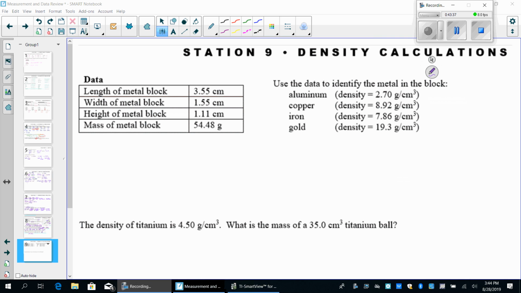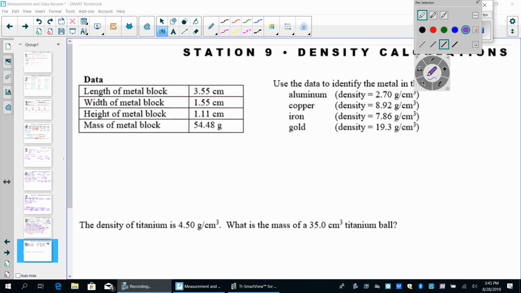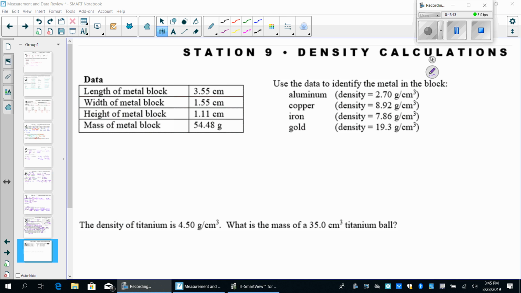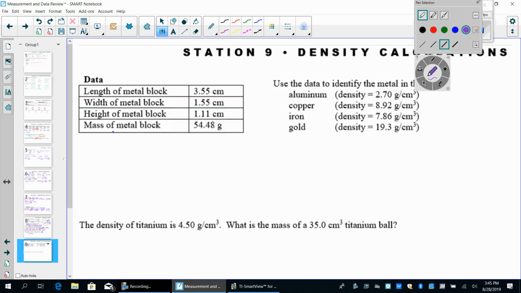Okay, last page. In order to answer the question at the bottom, you've got to determine the density. It says use the data to identify the metal in the block. So you've got to, I'm sorry, not the bottom question, the top one. We are going to look at the data and determine the density of this metal block, because it's just a random metal block here, and we want to see which metal it is: aluminum, copper, iron, or gold.